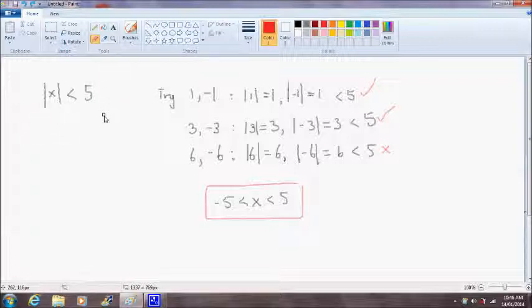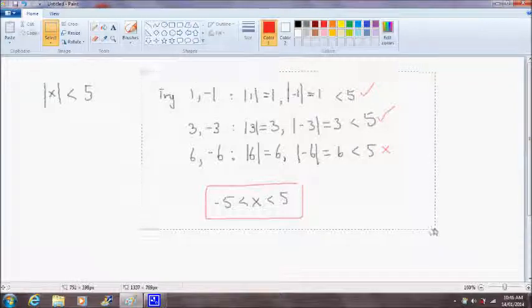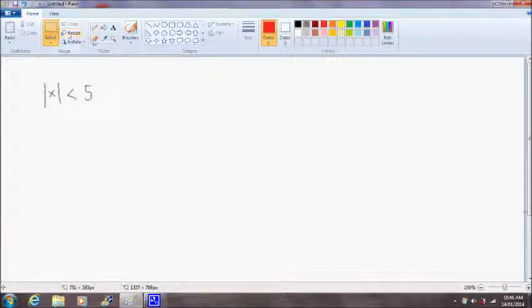So if we were to change this less than to a greater than, the absolute value of x is greater than 5. Now let's again go through a trial and error process. Let's try the pair 1 and -1 again. The absolute value of 1 is equal to 1, and the absolute value of -1 is equal to 1.